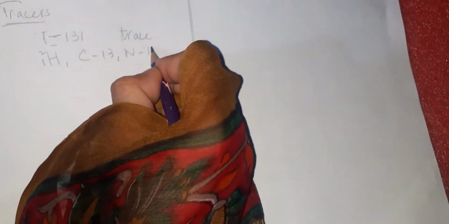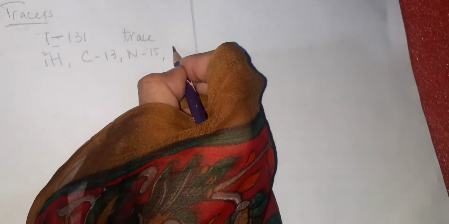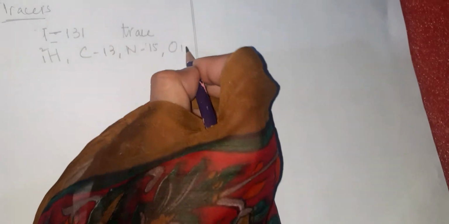Other than that, deuterium 1H2, heavy carbon 13, heavy nitrogen 15, heavy oxygen 18. Usually oxygen has an atomic mass of 16, which is the stable isotope, but when its mass number increases to 18, we call it heavy oxygen.